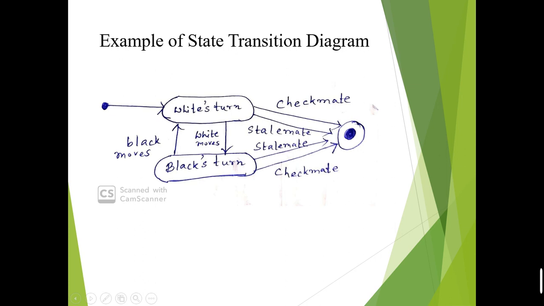And obviously for this state, whenever white moves, it changes its state to the black stand. In this way these states are interchanging between them, and after finding the checkmate, all the states end up. So here we have represented one very simple chess game, and its states are represented in this kind of diagram.